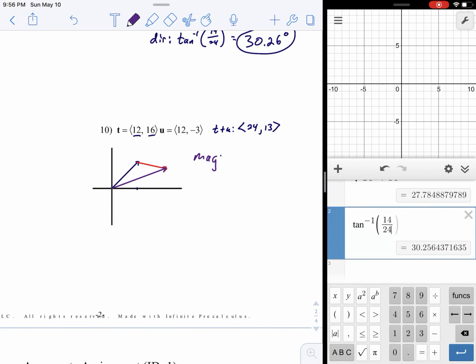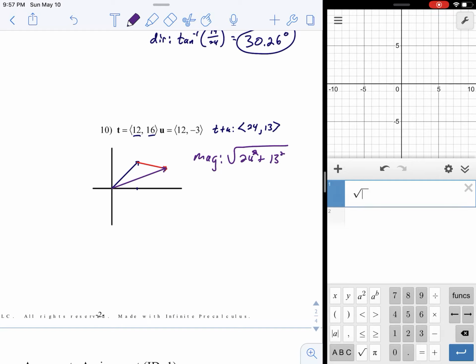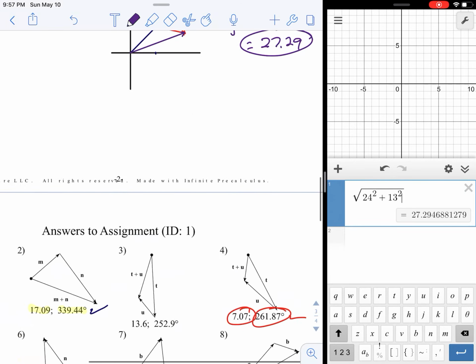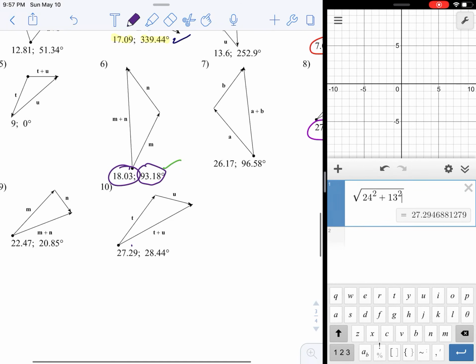Magnitude is the square root 24 squared plus 13 squared. So square root 24 squared plus 13 squared equals 27.29.